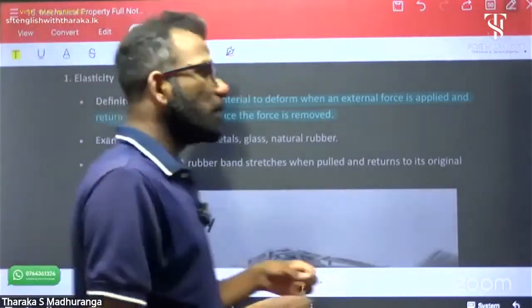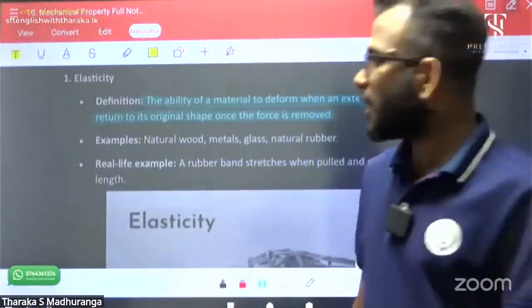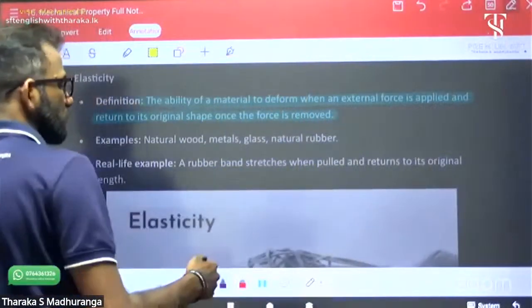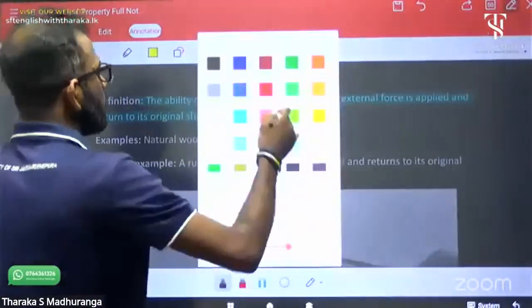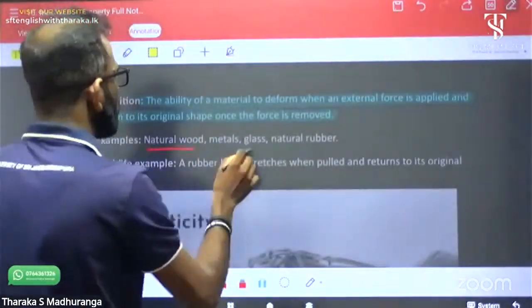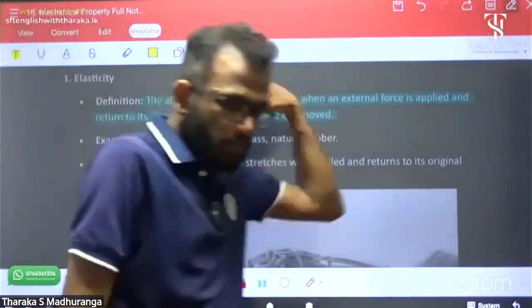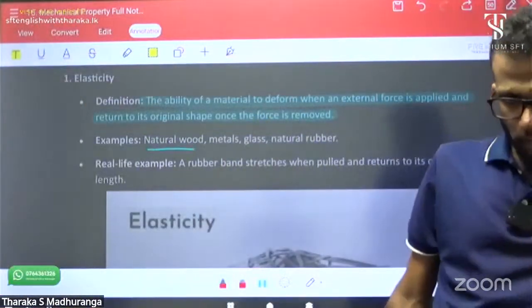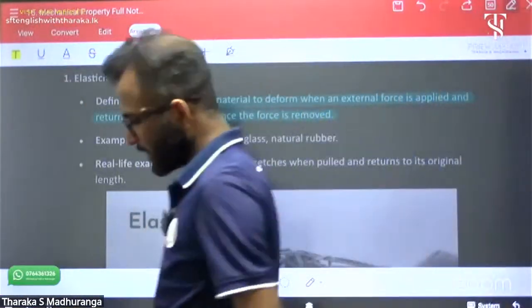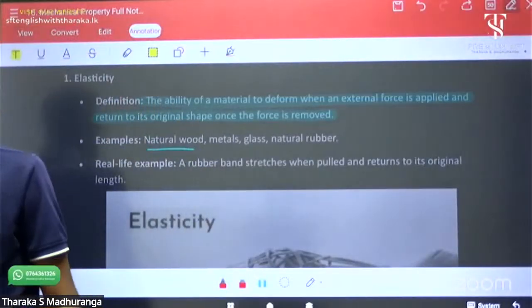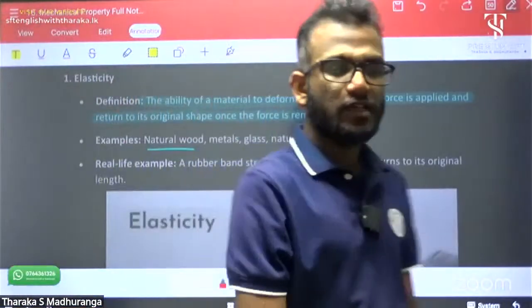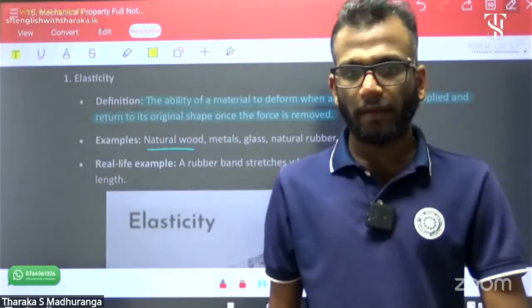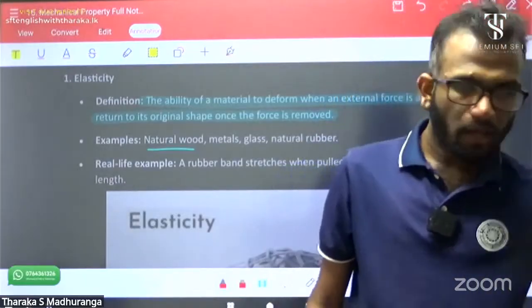Okay, what are the examples? Okay, I have a doubt now. You have given that natural wood is elastic. Do you agree with this? Natural woods, normal lean woods, are they elastic?